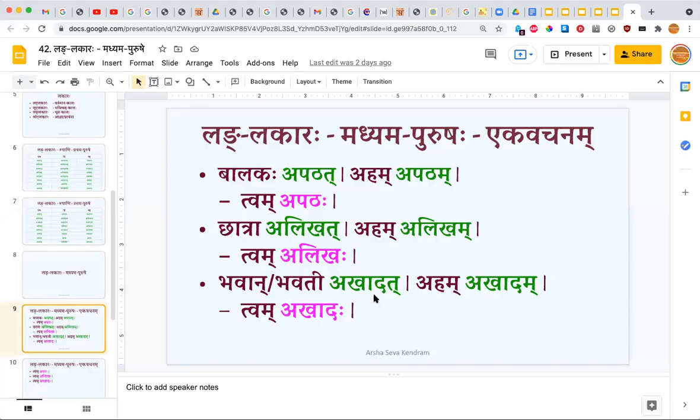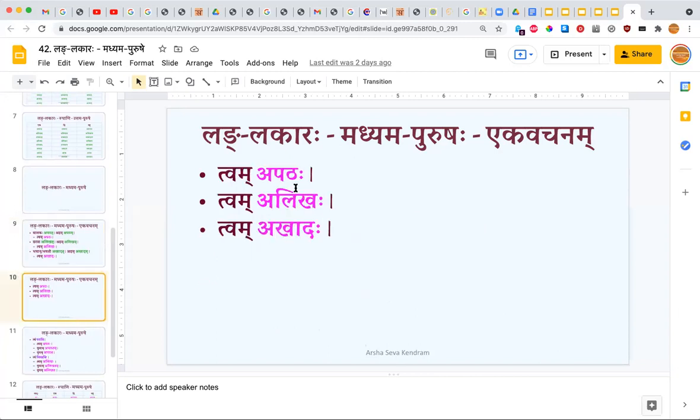Bhavan akhadat and Tvam akhadaha. So even if you translate this into English, it will be you had eaten in both the cases, because Bhavan and Bhavati are used with Prathama Purusha. The Kriya Padam, the Lakara, will be the Prathama form. Bhavan or Bhavati akhadat, Tvam akhadaha.